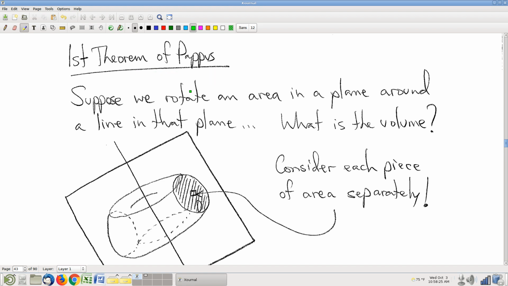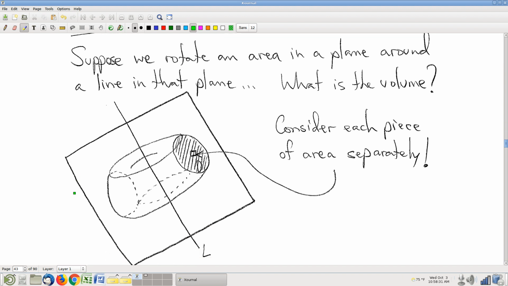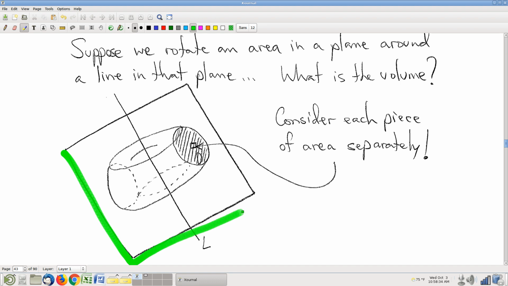A little hack. Okay, so here's the situation that we're going to address. Let's suppose that you have a plane. It doesn't matter where the plane is. I've drawn it floating in space. Not that it usually will be, but just to point out, this could be any plane. And then let's suppose you have a line in that plane.